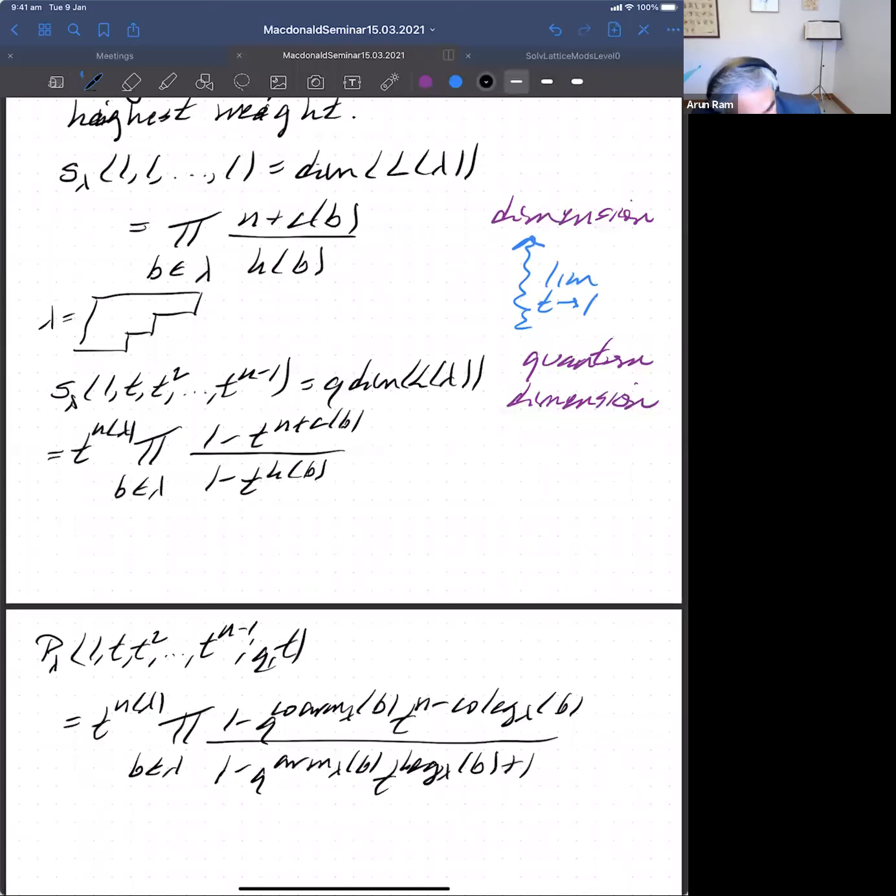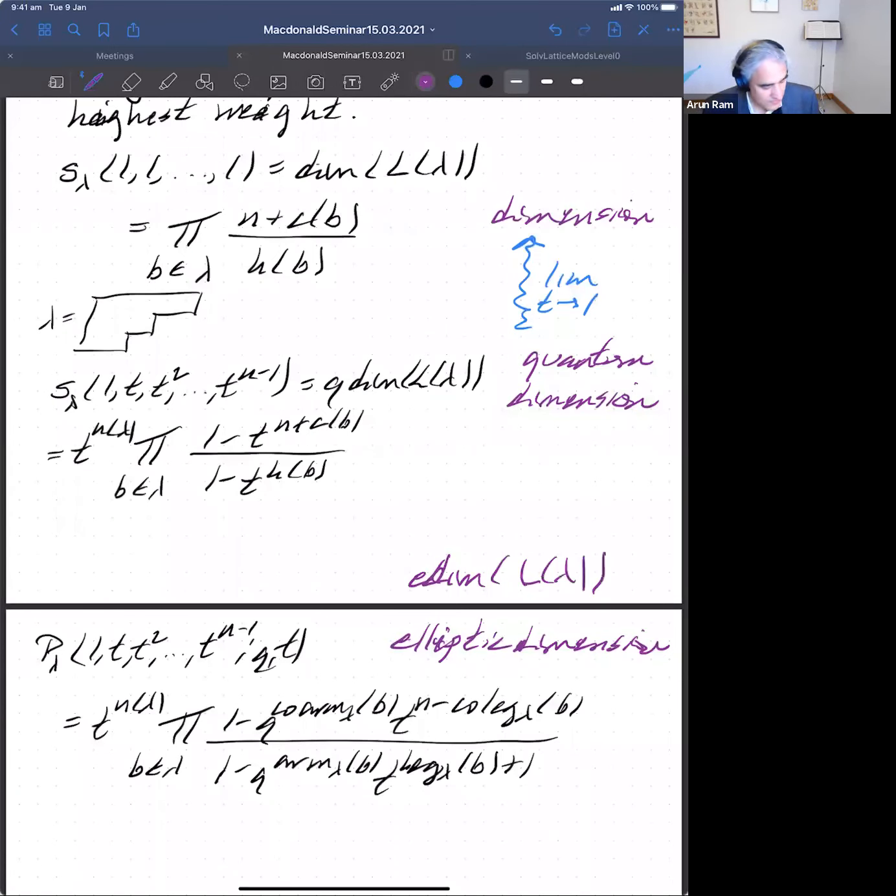So there are many reasons to call this an elliptic dimension. More and more we are starting to learn that in fact there is such a thing as elliptic representation theory. And somehow the elliptic dimension of this L_lambda, we might even write dim of L_lambda.